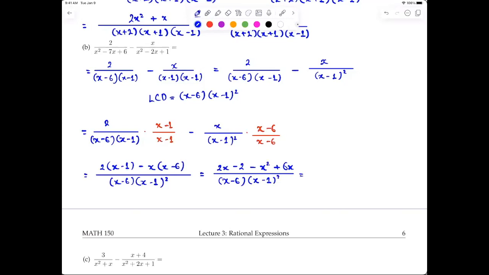All right, so you combine like terms and rewrite the numerator as negative x squared plus 8x minus 2 over x minus 6 times x minus 1 squared. And that's how you do it.